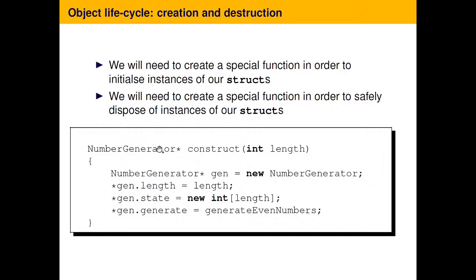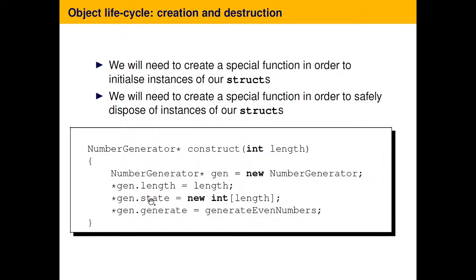Anyway, this function's job is to create a number generator with a certain length. So it locally creates a number generator pointer and allocates memory for it, just like we did in our game creation make world functions. It then sets the various parameters. We're allocating everything on the heap, on the free store, so it's returning a pointer. Very importantly, if we want to set the length, we have to first dereference the structure, then dot.